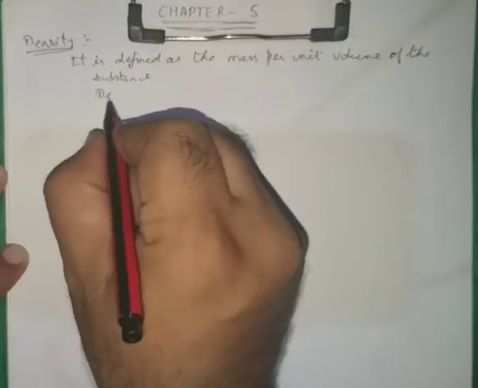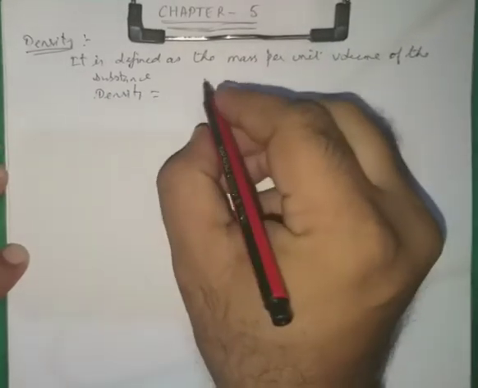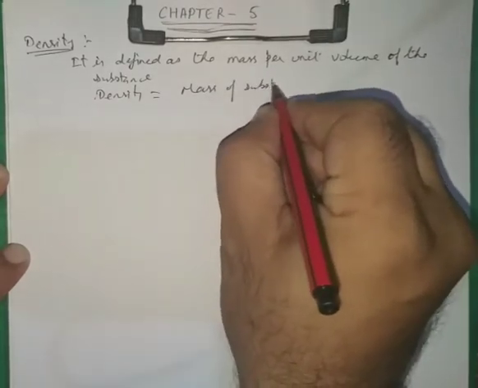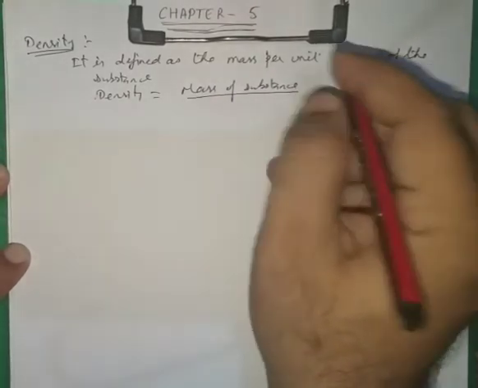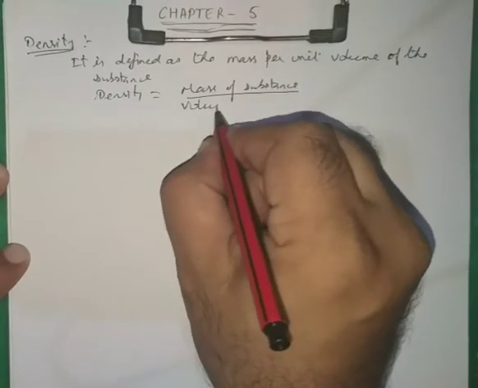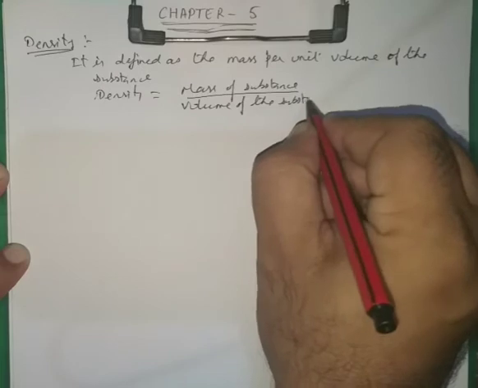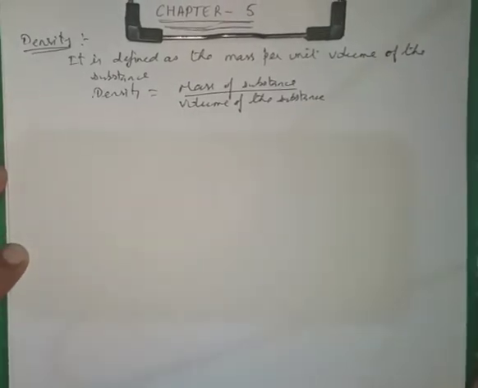So density is equal to the mass of the substance divided by the volume of the substance. So density is defined as the mass per unit volume of the substance.